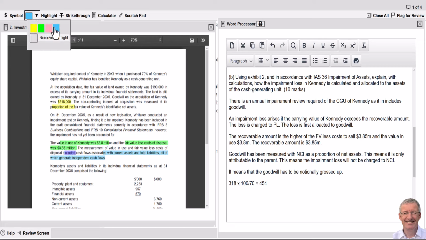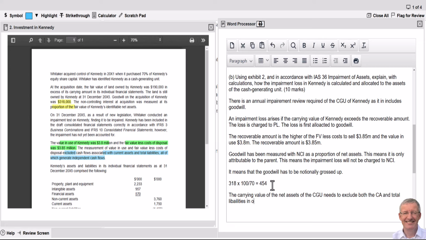So when we come to look at the carrying value of the net assets, that's also going to be excluding the current assets and the liabilities, to be consistent with the way that the fair value less cost to sell has been determined, yeah?